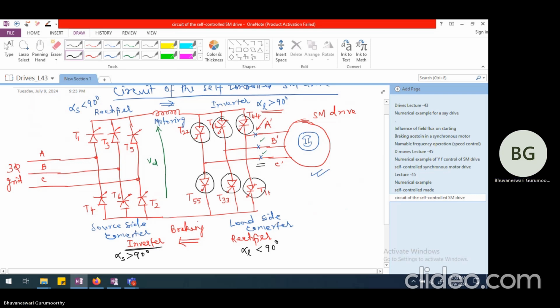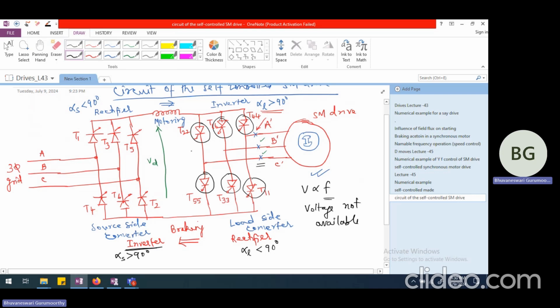But when you start the machine, the speed is literally zero and voltage is proportional to frequency. And frequency will be literally zero because the speed is zero. So the terminal voltage will also be not available when you start the machine.